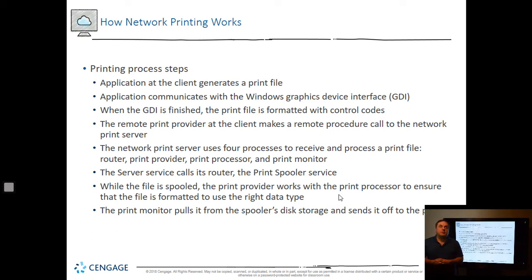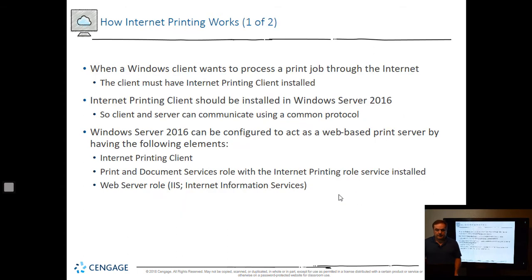So somebody hits the print button from their Windows 10 computer. Then we have a whole series of events that happens up until the point where the job gets spooled either on the local computer or on the server itself, and then it gets translated into something the printer can understand, and then it prints the job.